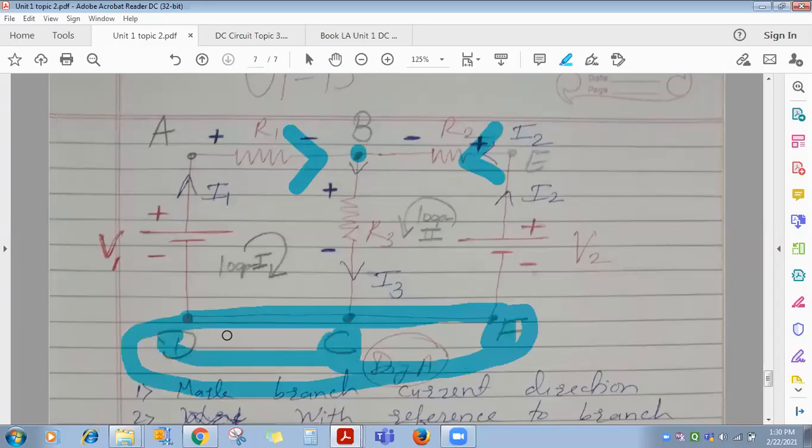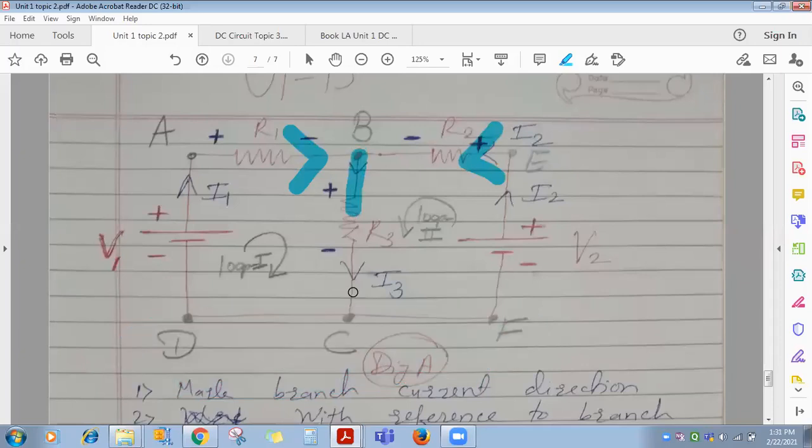Correct. These three points are at zero potential, and current always flows from higher to lower potential. That's why the current through this vertical branch, BC, will flow in which direction? From B to C, which means the downward direction.